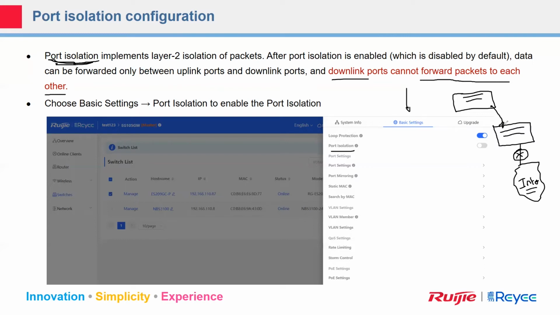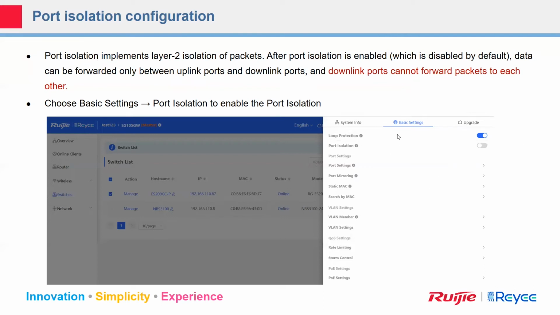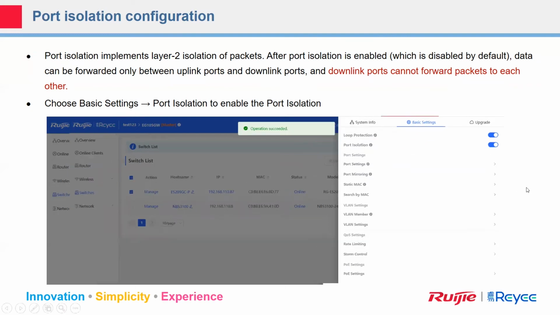So if you isolate this port from that port, users here will not go through that switch, and as well will not go through that internet. So avoid applying port isolation between downlinks and uplinks. Okay. And for the configuration, you click on basic settings as well and start enabling the port isolation.